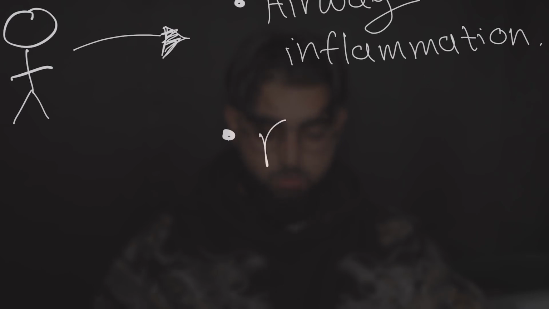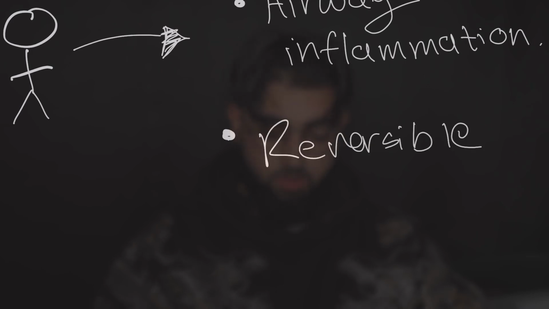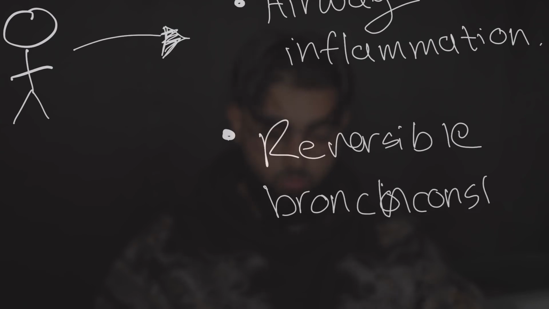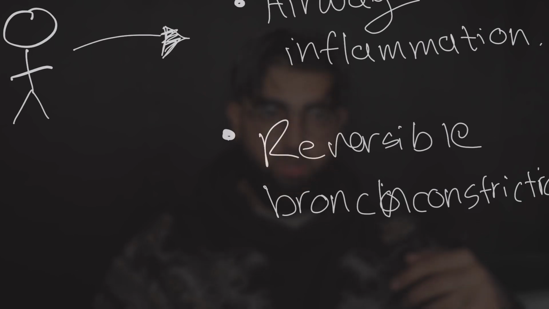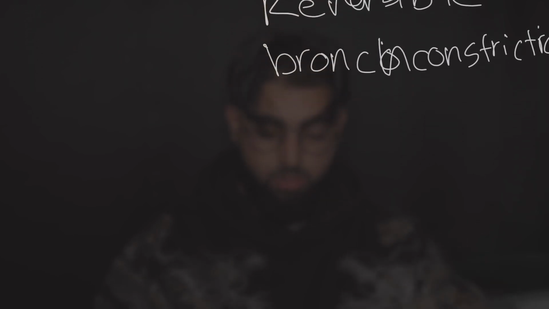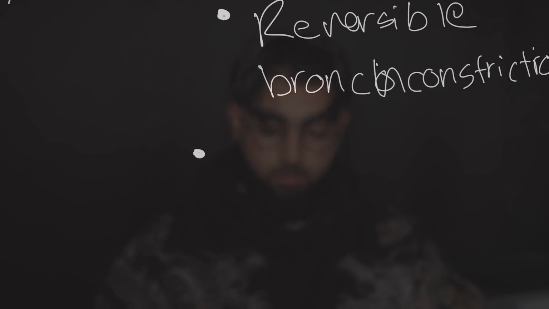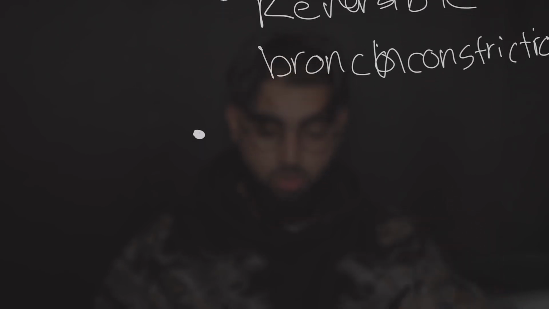The second one would be, like we mentioned, reversible bronchoconstriction. Like we mentioned, you have probably seen patients who are able to take inhalers, and that can alleviate the symptoms of asthma.